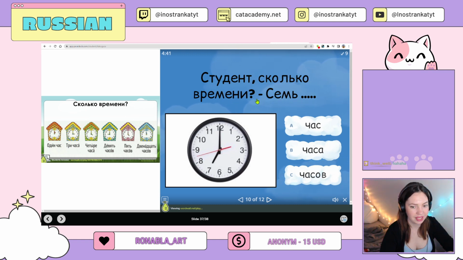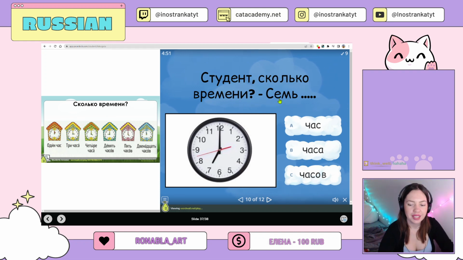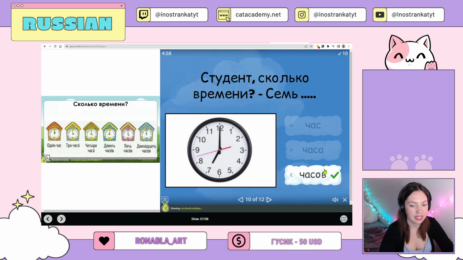What time is it? 7 часов. 7 часов. В Швеции 7 часов. In Sweden, it is 7 o'clock now. В Швеции 7 часов. А в Турции? What about Turkey? What time is it in Turkey? Сколько времени в Турции?